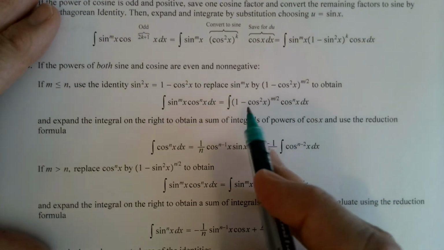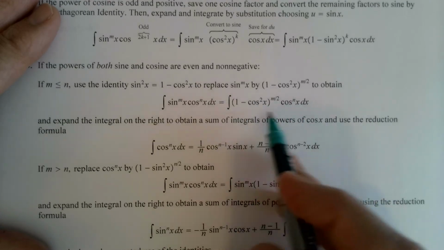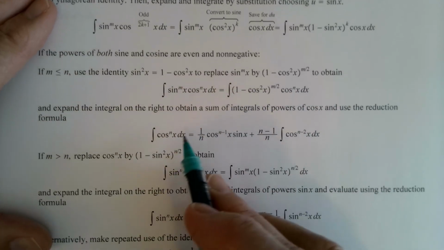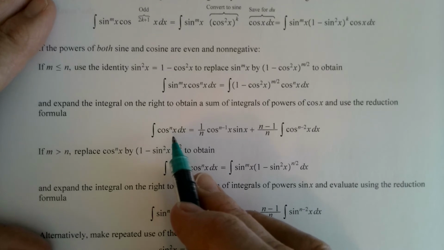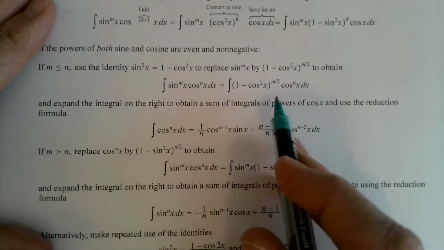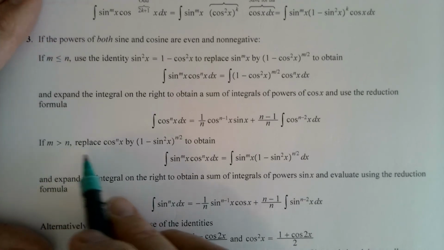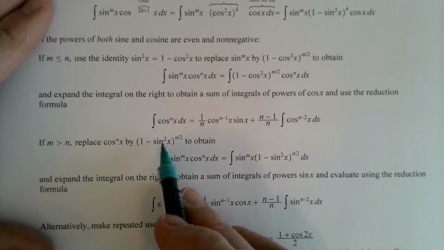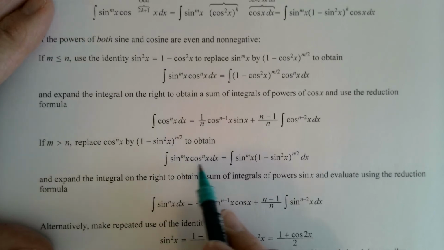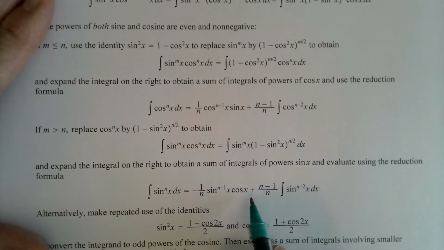I expand this out, and I will then be able to use the power reducing formula to solve those. On the other hand, if m is greater than n, we'll do it the other way. We'll replace the cosines with sines by the Pythagorean identity, and then we'll use the power reducing formula for sine.